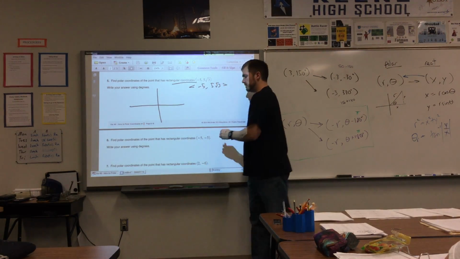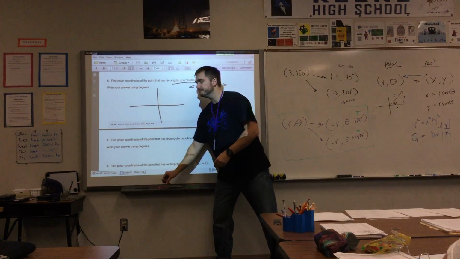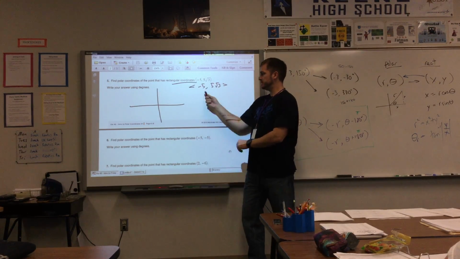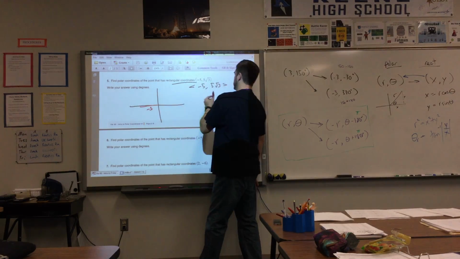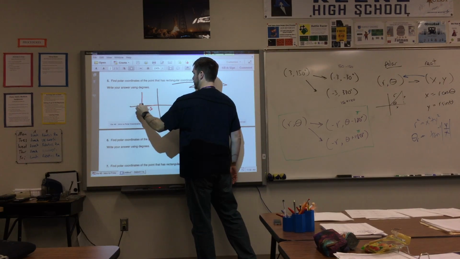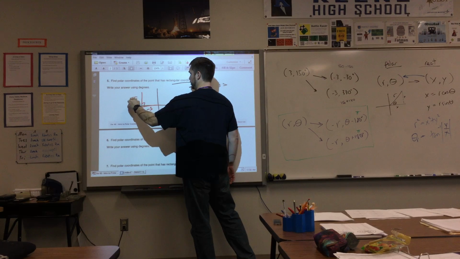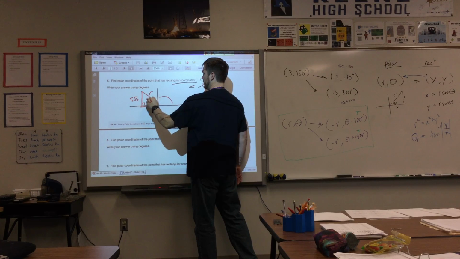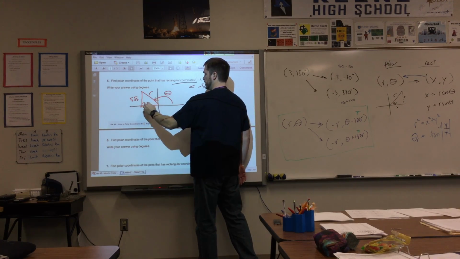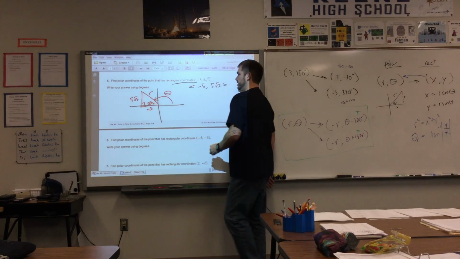Which quadrant are we going to be in, class? Second quadrant. Kick over negative 5, kick up 5 root 3. We are looking for the r and the theta, but we've got theta ref right down there.